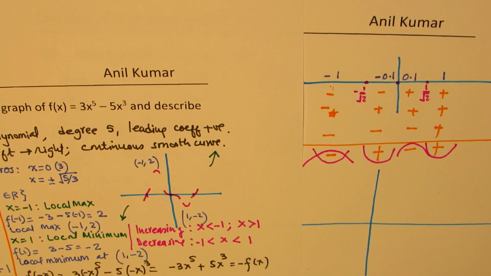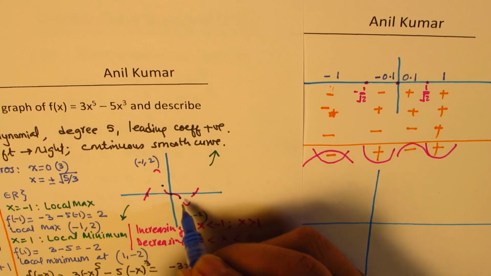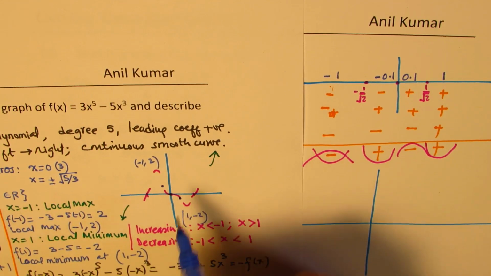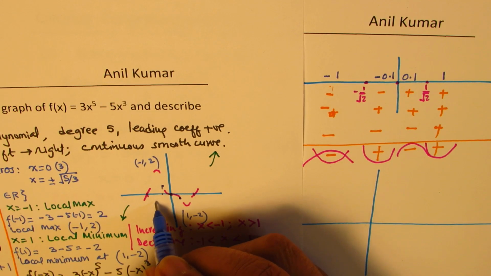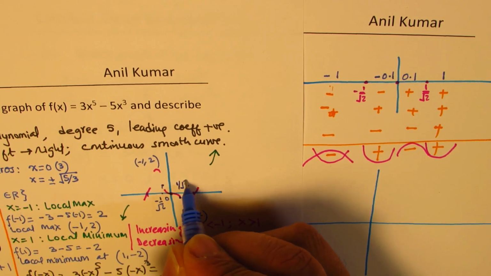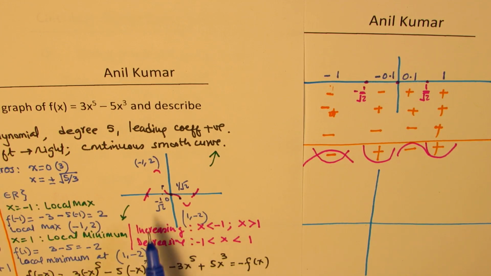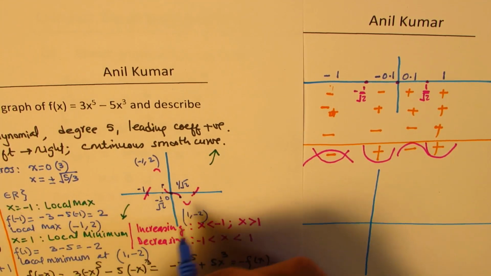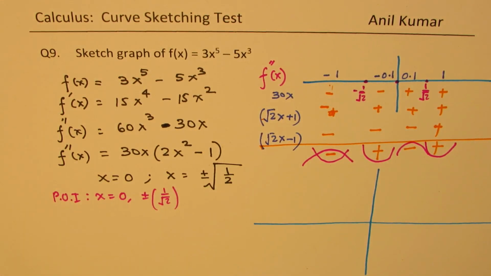So I'll just fill in the values here. So we have these 3 points, which are points of inflection, and this happens at minus 1 over square root 2. That is at 0, and this one is at plus 1 over square root 2. I'm not really calculating the values, which you should be calculating, but I'm sketching the curve with these additional values. Intercepts at minus 1 and plus 1. Clear? So I'll make a bigger view here.